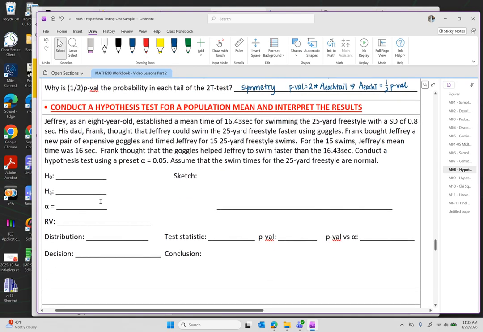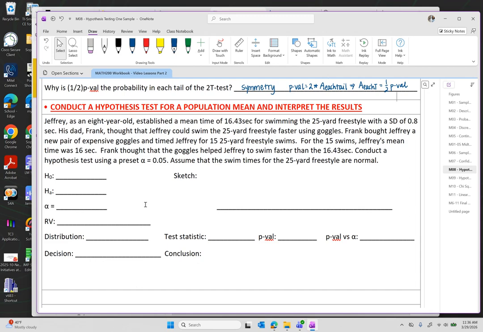Jeffrey, as an 8-year-old, established a mean time of 16.43 seconds for swimming the 25-yard freestyle with a standard deviation of 0.8 seconds. His dad, Frank, thought that Jeffrey could swim the 25-yard freestyle faster using goggles. Frank bought Jeffrey a new pair of expensive goggles and timed Jeffrey for 15 25-yard freestyle swims.